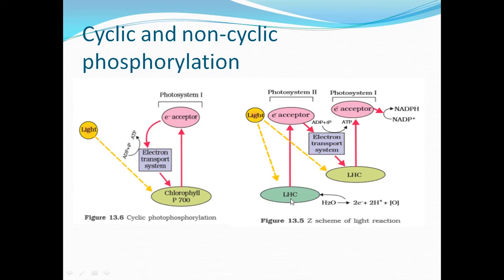Now, light harvesting complex of photosystem 1 also absorbs sunlight and releases the electrons, which are accepted by an electron acceptor.